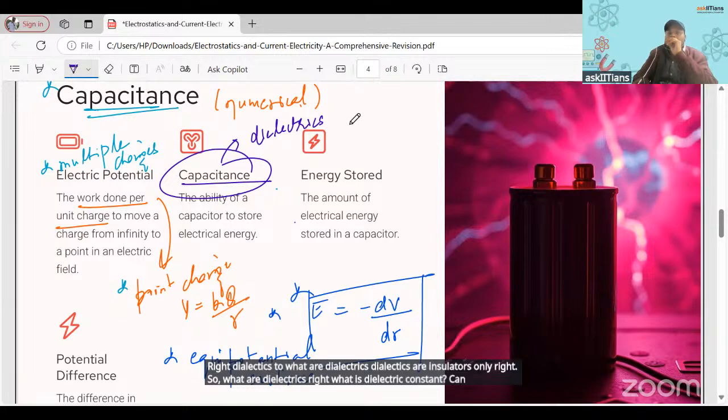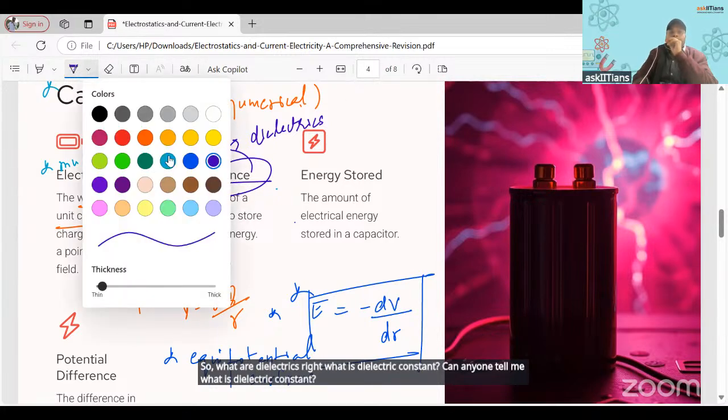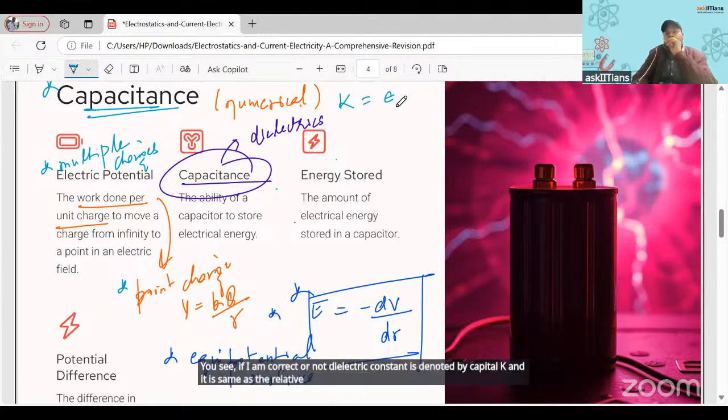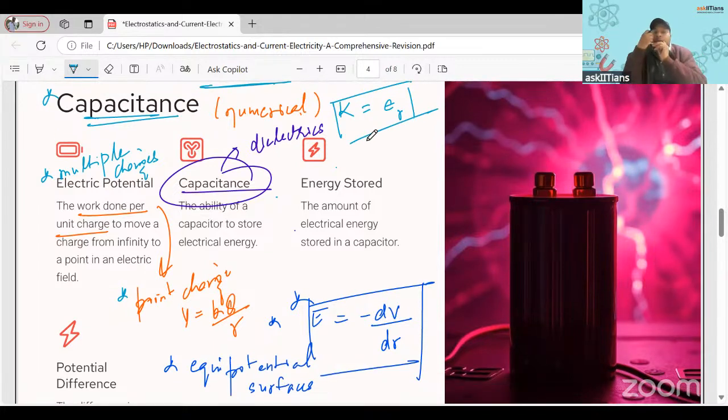Let me see if I am correct. The dielectric constant is denoted by capital K, and it is the same as the relative permittivity of a medium. Am I correct? Right. So that is the dielectric.